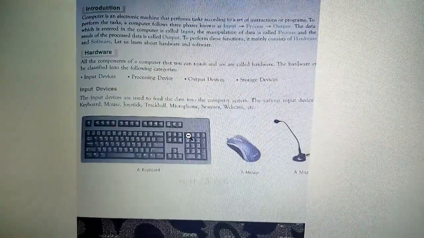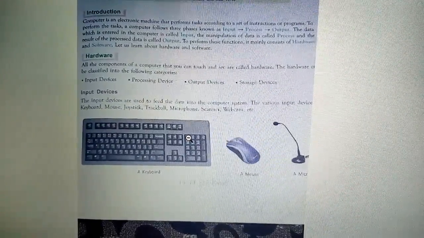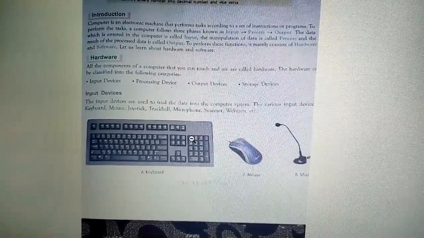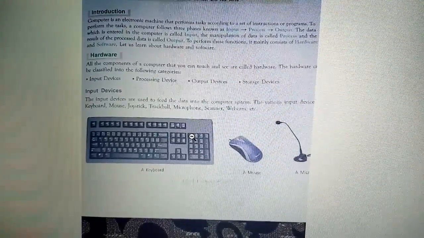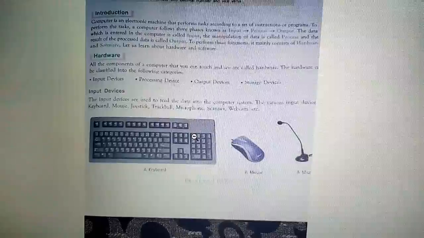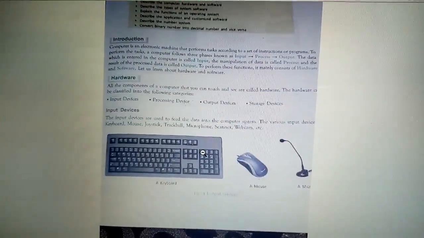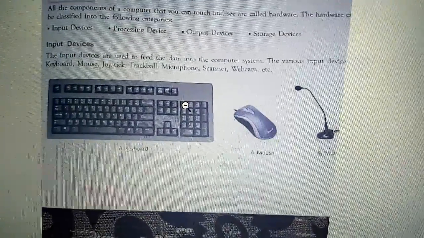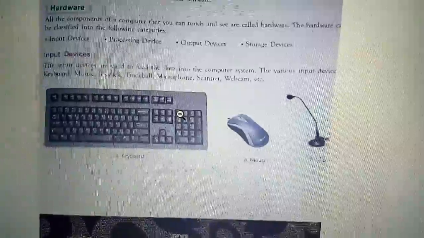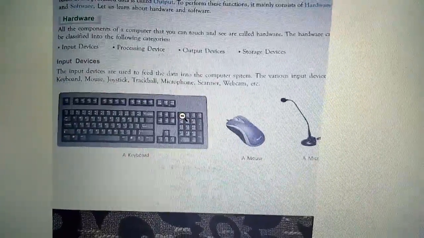These all are input devices, and with their help we can input our data into the computer. That is why they are called input devices.